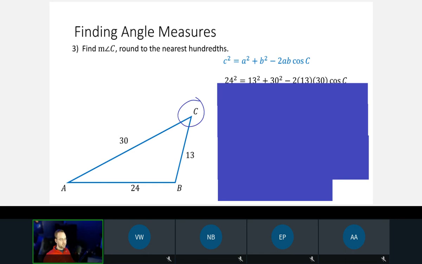Simplify all this stuff. You have to be careful if you simplify. If you type in what 24 squared is, what 13 squared is, what 30 squared is, you get really big numbers, and writing those out could get you into trouble if you copy them from your screen to the paper, or type them back in from the paper to your screen.